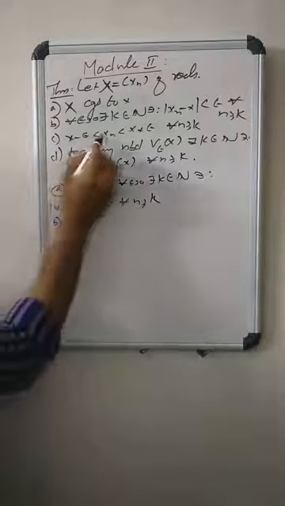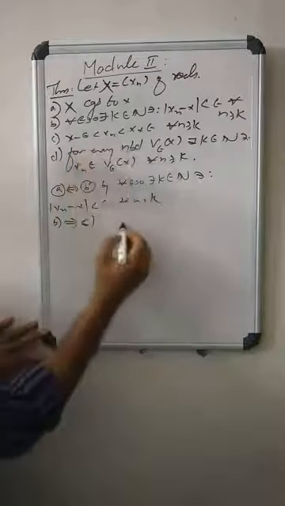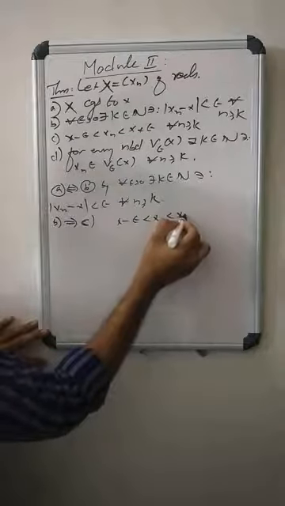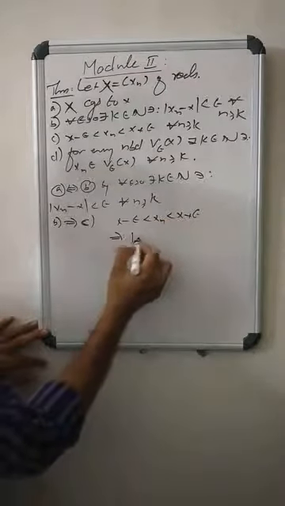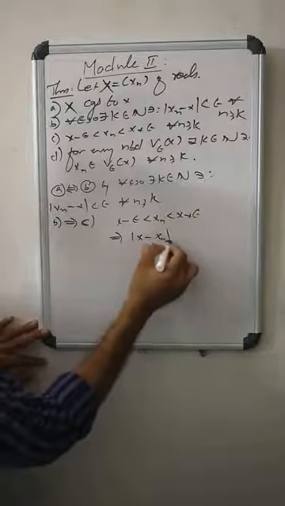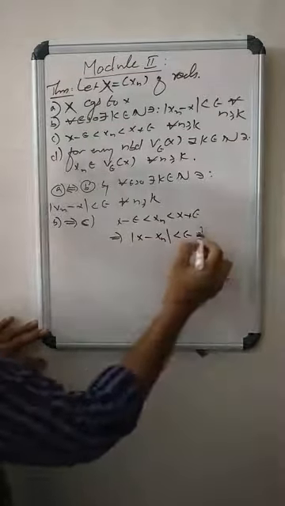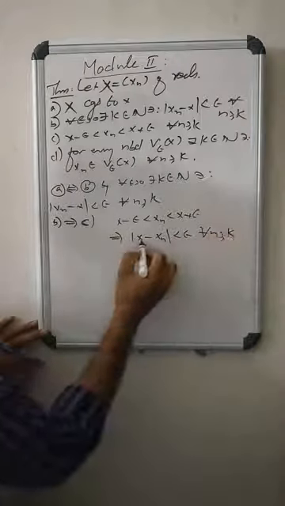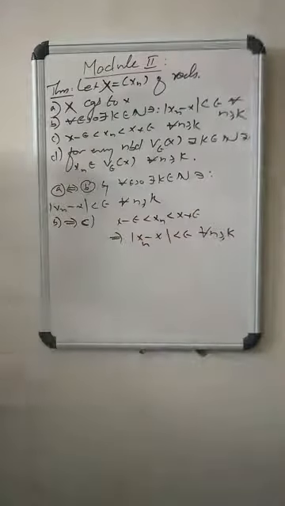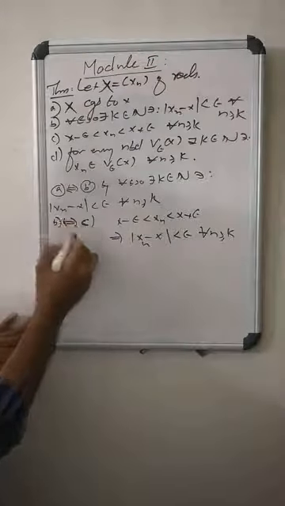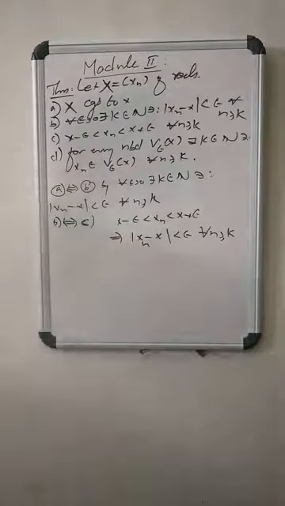Because x minus epsilon less than xn less than x plus epsilon means the modulus of xn minus x is strictly less than epsilon for all n greater than or equal to k. So, B implies C and C implies B are finished.